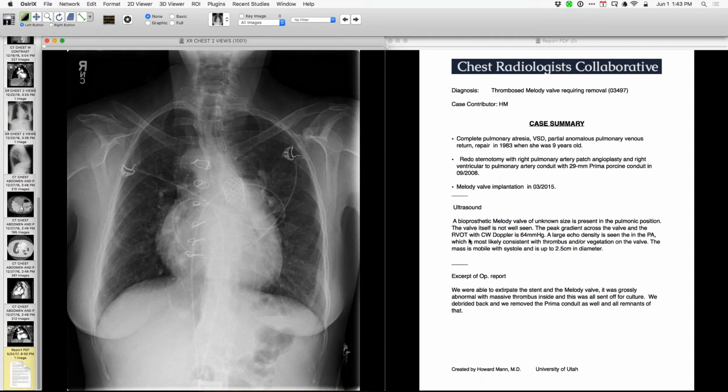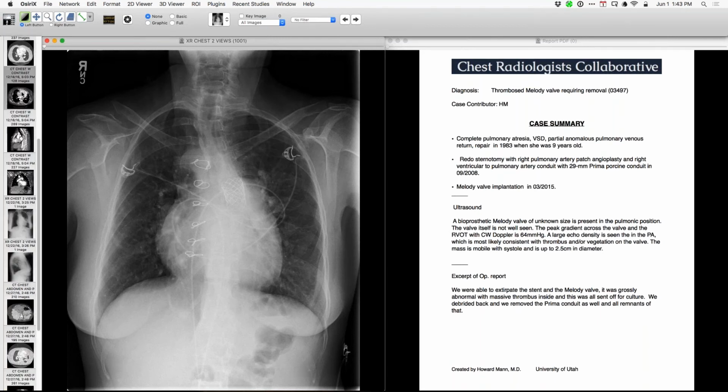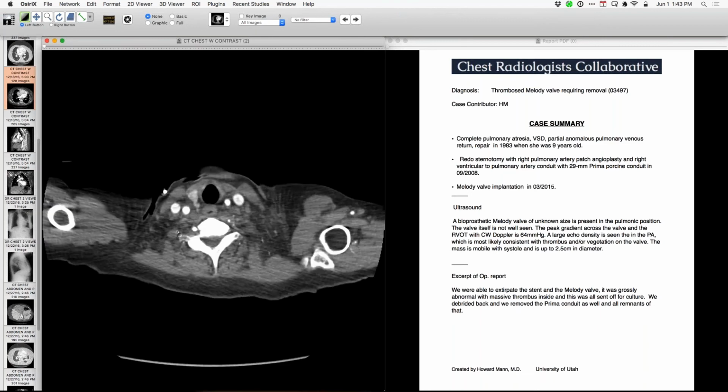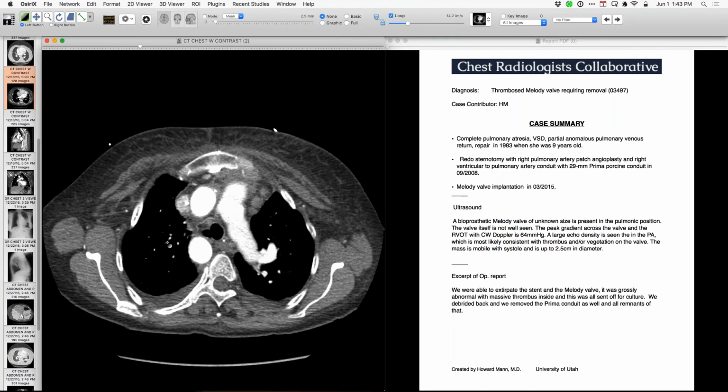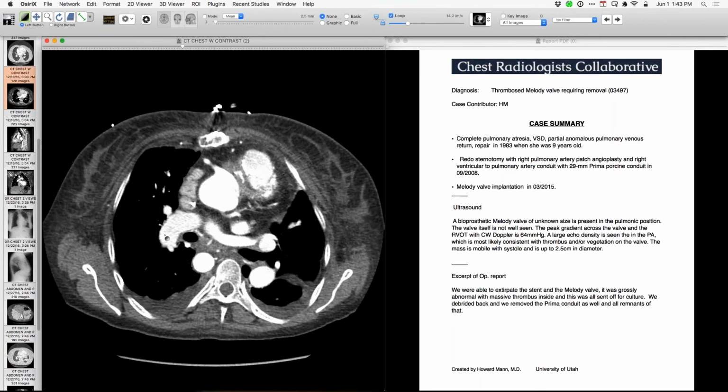You can look at the ultrasound report here, and you can see there is a problem with the patency of the Melody valve. There's a gradient across it, as well as an abnormal opacity seen within it. And I will show you that now. So let's see if I can pick out the right series to show you the pretty large finding in relation to the Melody valve.